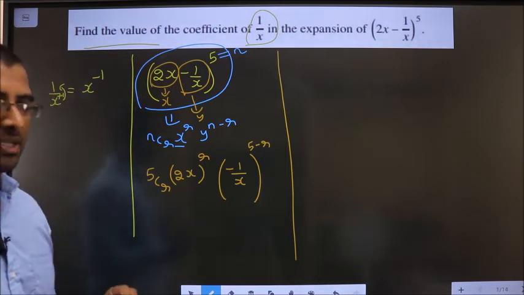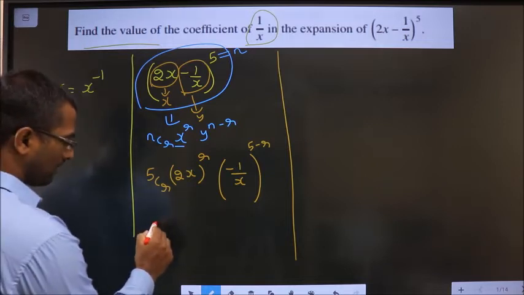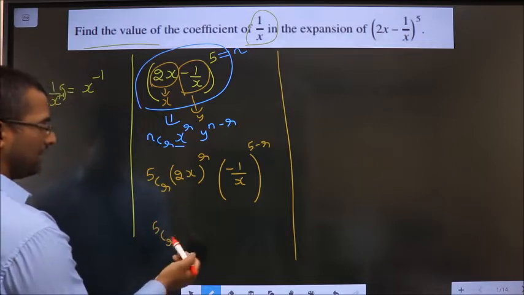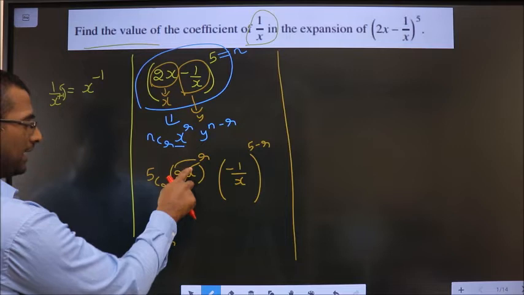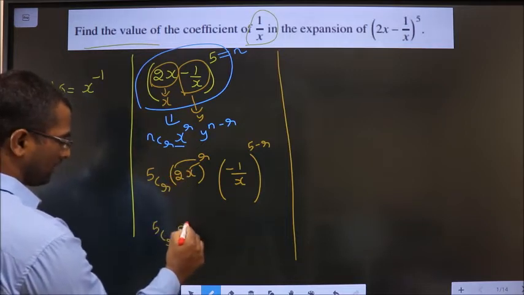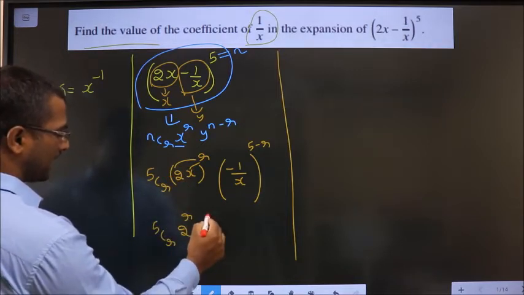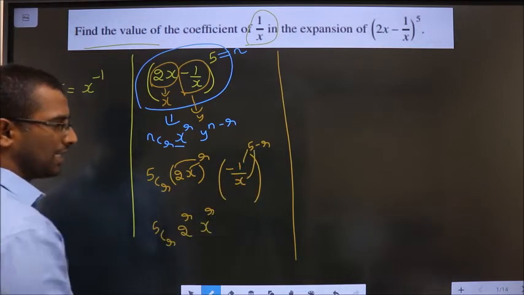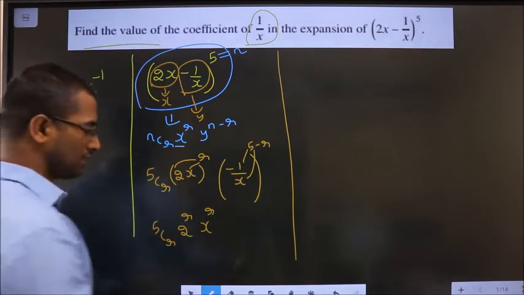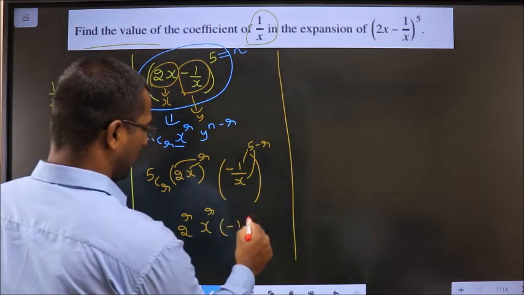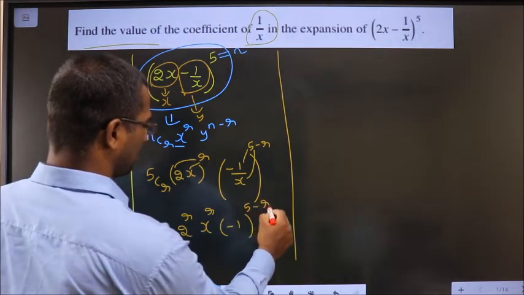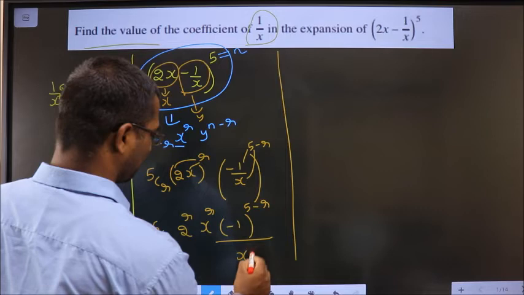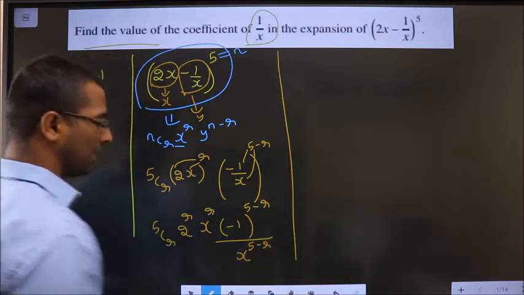And how do we simplify? 5Cr we cannot simplify, leave it like that. The power r applies to each, so that will be 2 power r x power r. Same here, apply the power to numerator and denominator, so that will be minus 1 power 5 minus r by x power 5 minus r.